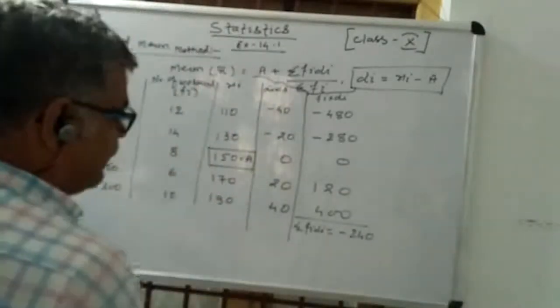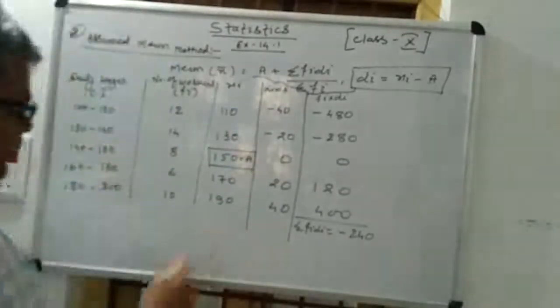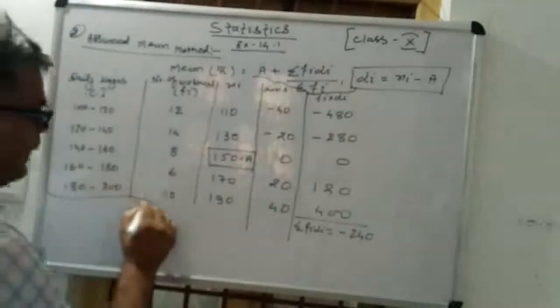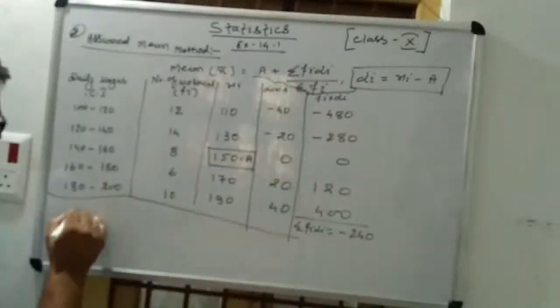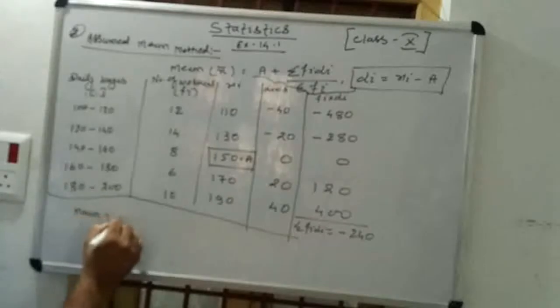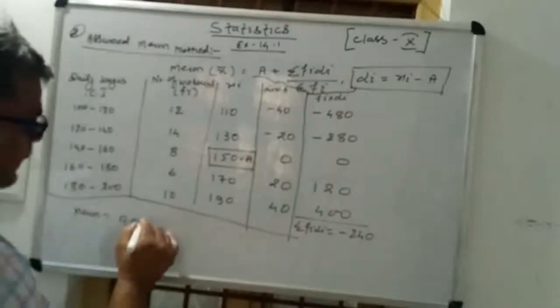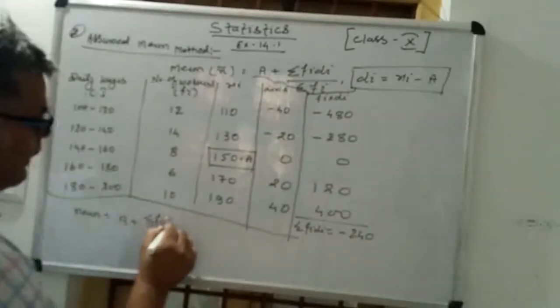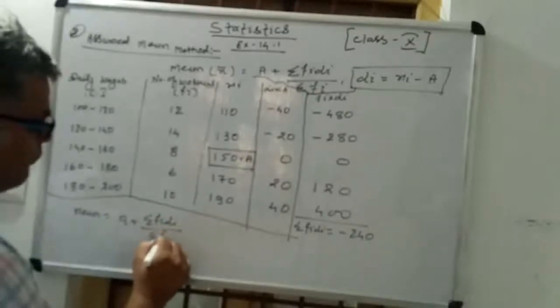Now apply the values in the formula. Mean equals a plus sigma fi di by sigma fi.